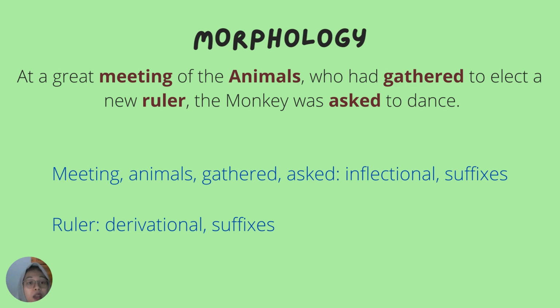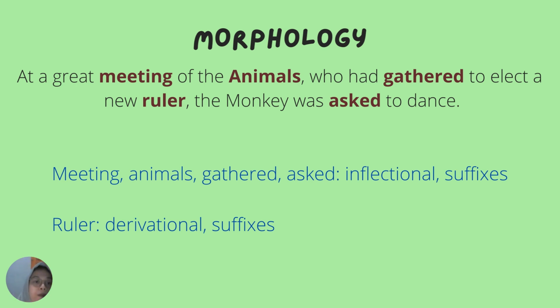Okay. The words that I bolded are morphemes that consist of a bound morpheme. So meeting, animals, gathered, ruler, and asked are morphemes that consist of a bound morpheme. So all of these bold words have two morphemes: a free morpheme and a bound morpheme.